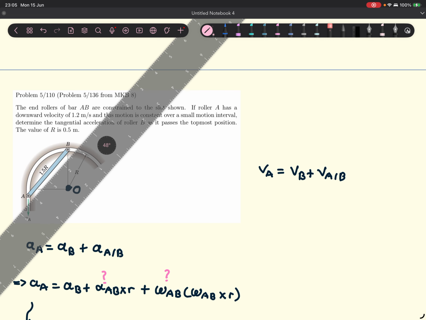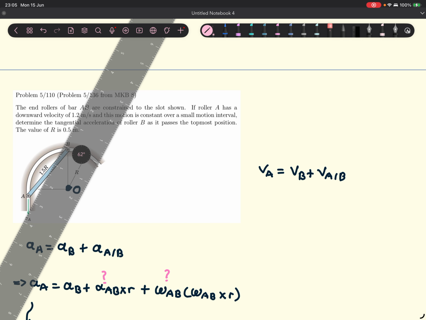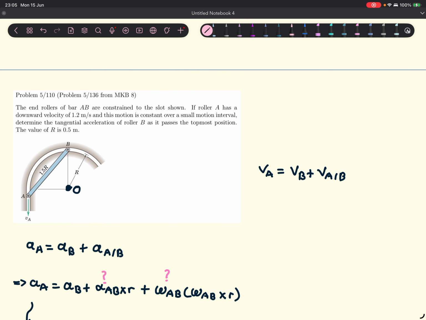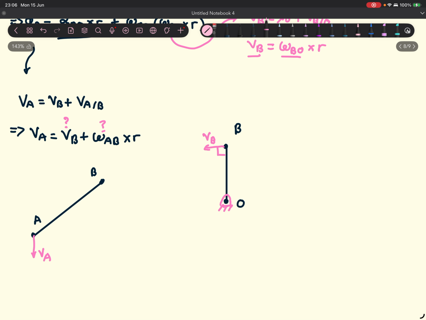And it's basically going to force this thing to rotate like that. So it's going to move kind of like that. So VB would have to be pointing towards the left, right? And because it's going through fixed axis rotation over here, VB is going to be perpendicular to this line OB. Okay, so VB is going to be like that, but let's assume that we didn't know the direction of VB for this case, right?